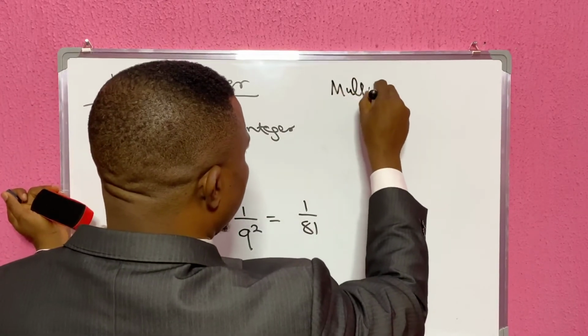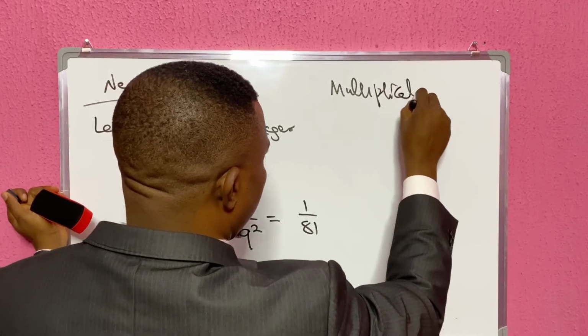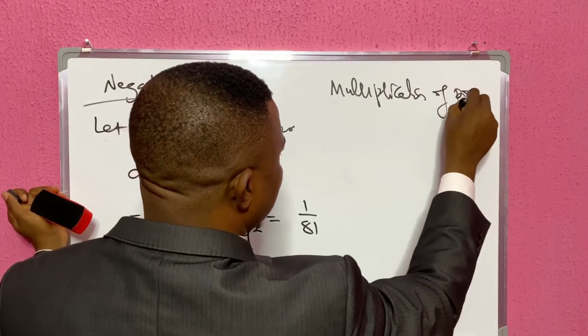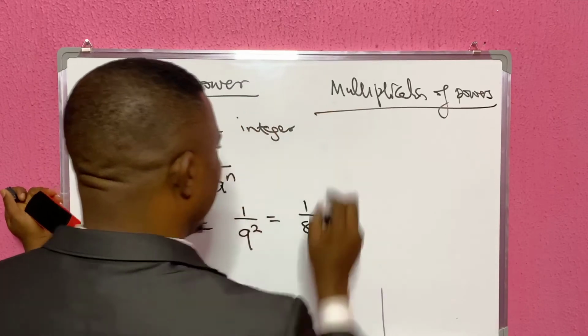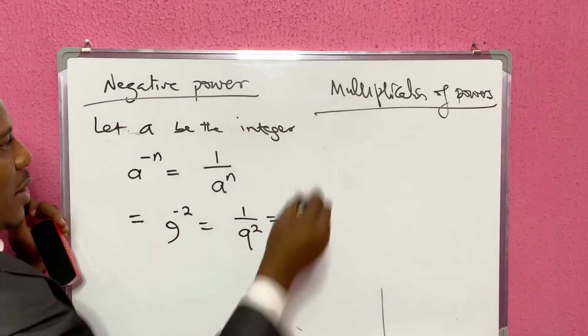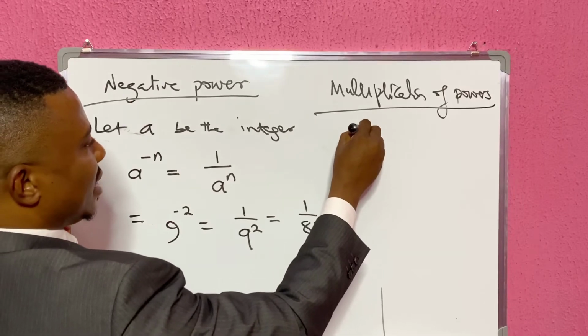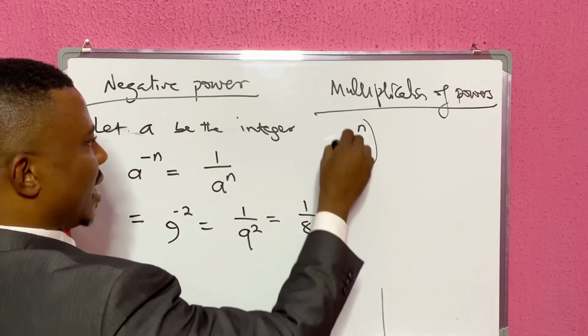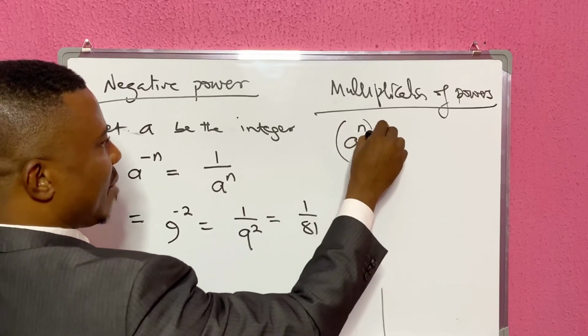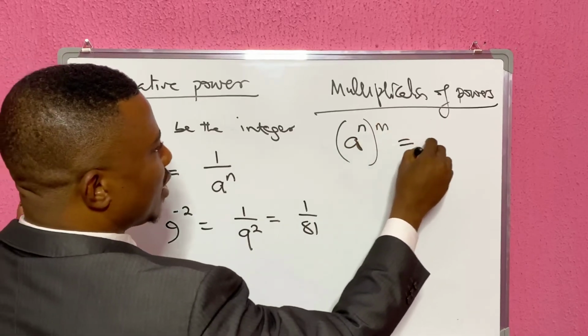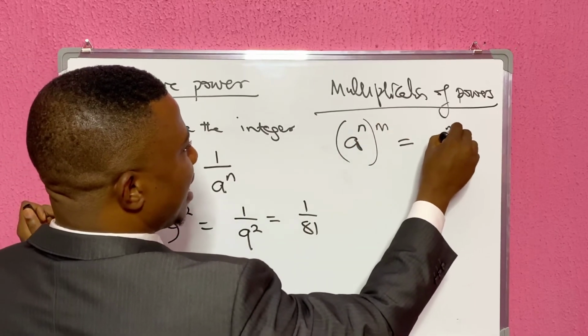Multiplication of power. If you have A raised to the power n, bracket m, this will give us A power n times m.